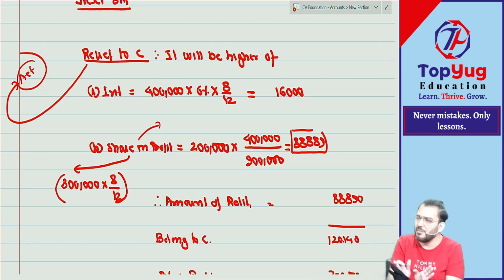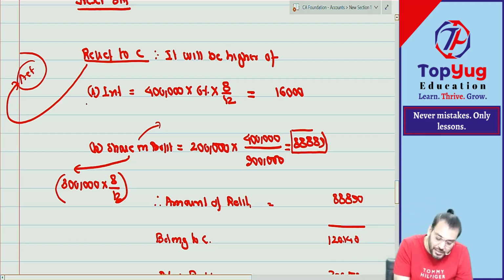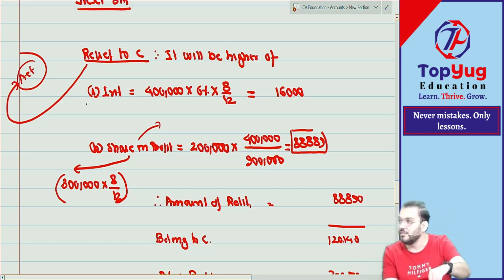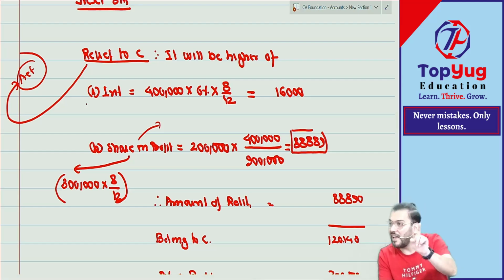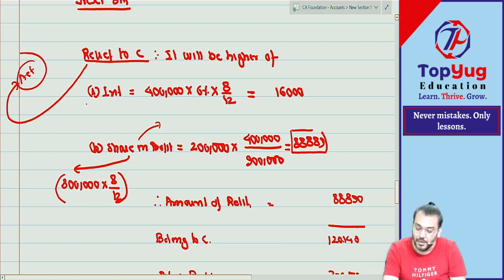This is given by the Act. Whenever there is an Act, you can't raise a query on that. We cannot change this. Have you understood this point?